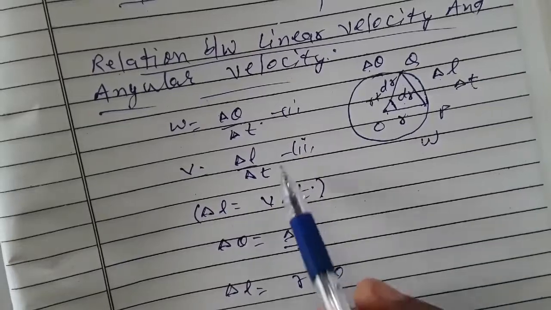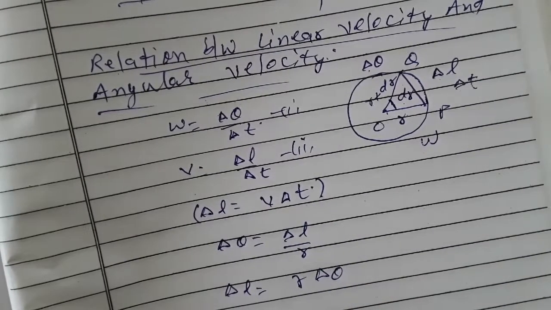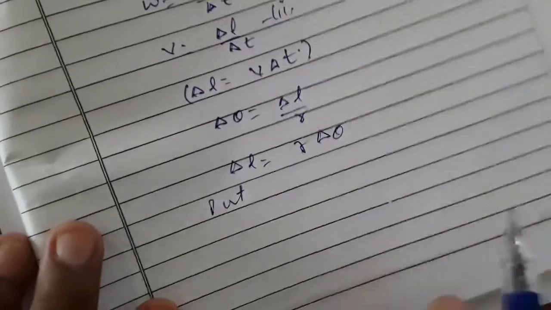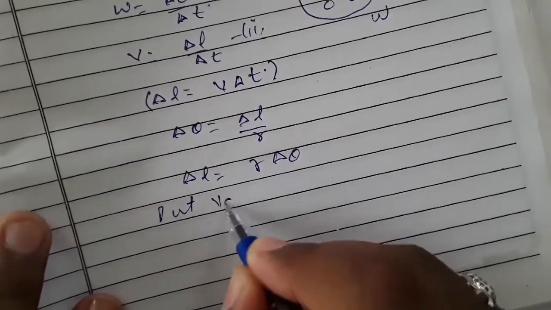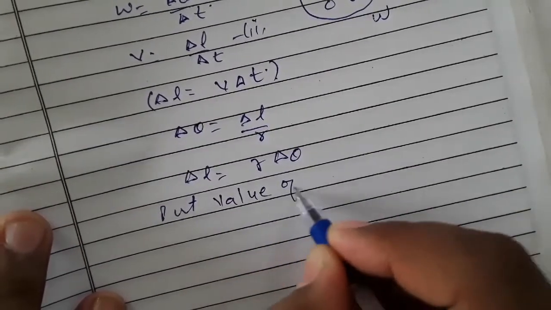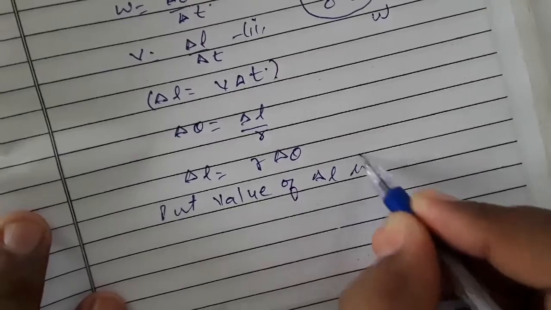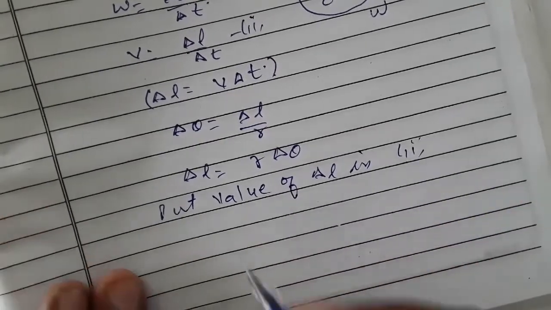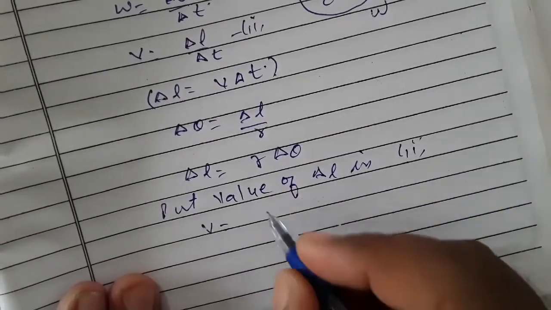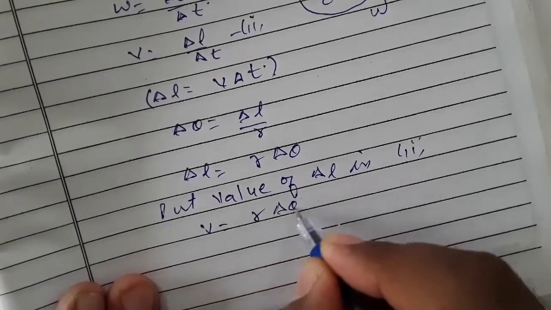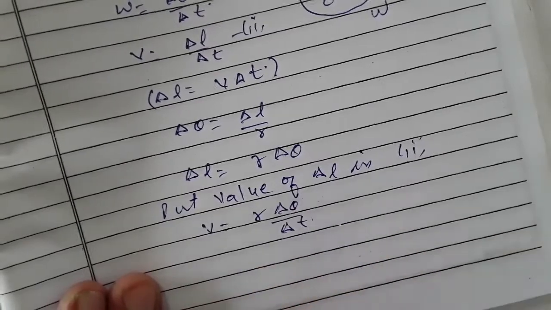Now in equation second, put the value of delta L. So we can write v is equal to r into delta theta upon delta t.